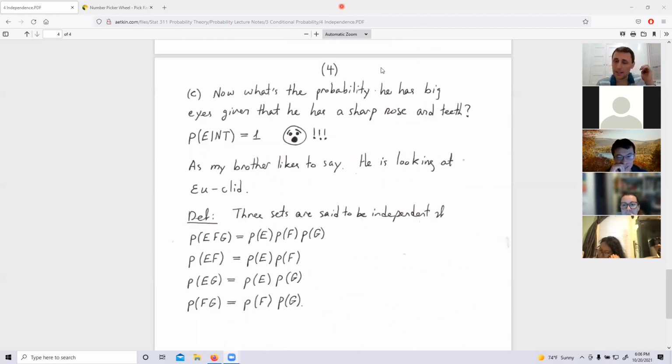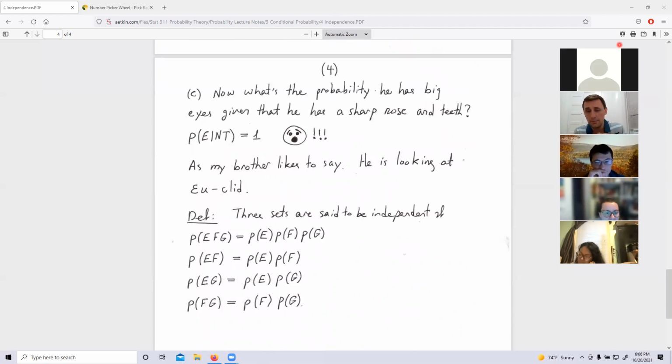So, in some sense, I'm sorry I spoiled it, I prefer to keep you misinformed. It's as if you're saying, okay, having big eyes tells you nothing. There is no need to fear more. Having big teeth does not tell you to fear more. But if you have a big nose and big teeth, then you are going to have the big eyes of the wolf.